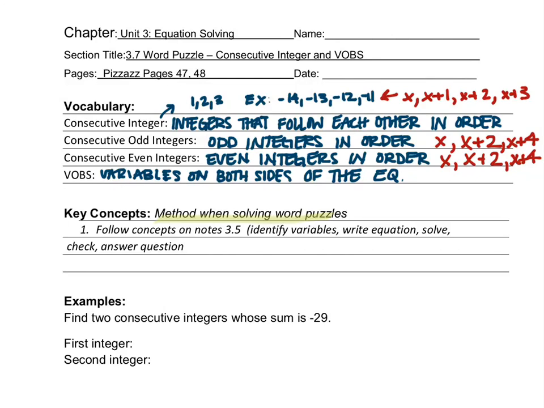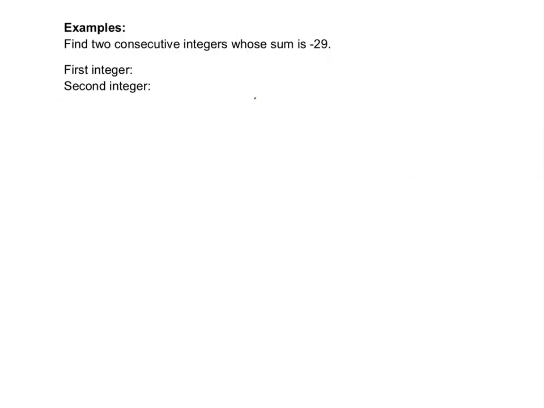I'm going to give myself a little bit more space here. So in doing so, I'm going to write down x for the first integer and y for that second integer, because I have two numbers that I don't know. And because I know that they are consecutive integers, I can rewrite y to be x plus 1.